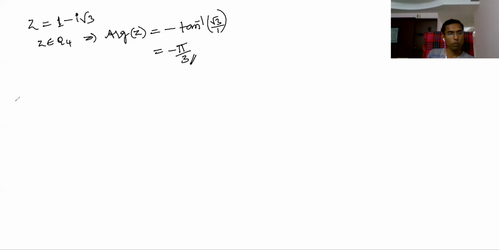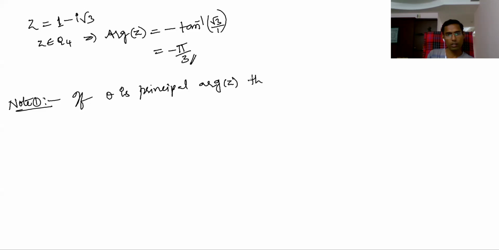Okay. Number 1, note here. If theta is the principal argument of z, or if theta is any argument, please understand, then theta plus 2k pi is a general argument.